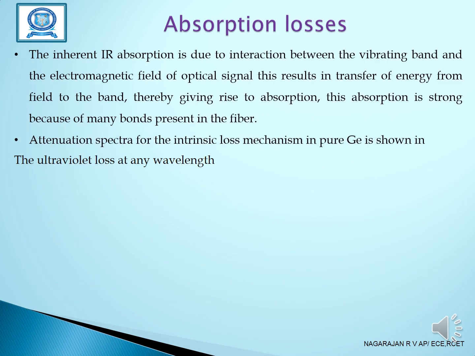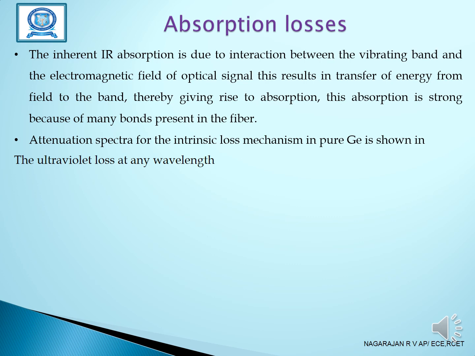Inherent IR absorption is due to the interaction between the vibrating bond and the electromagnetic field of the optical signal. This results in transfer of energy from the field to the bond, thereby giving rise to absorption. This absorption is strong because of the many bonds present in the fiber.